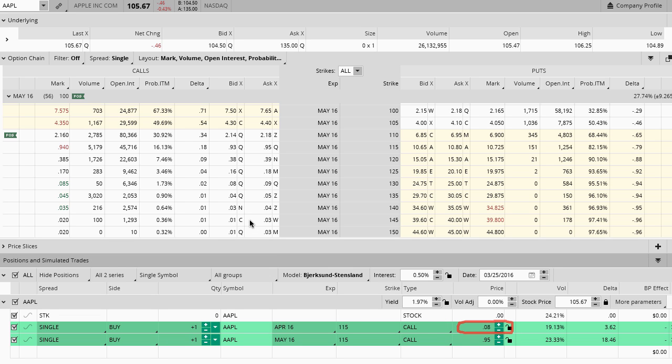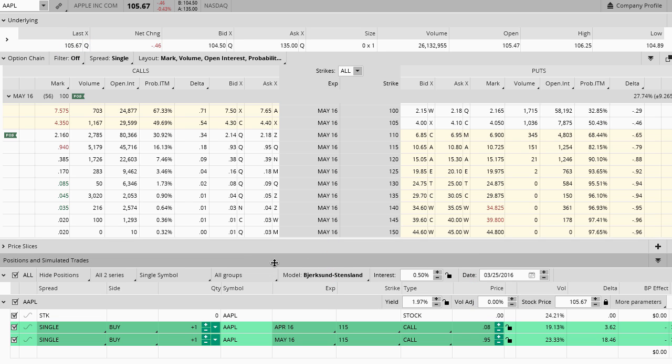That's the case because there's not a good chance that the stock gets from where it is, 105.67 at the time that we're doing this video, up to and above the 115 strike by April expiration. There's a very low likelihood of that happening, and hence the price of that option is very, very small. It's only $8.